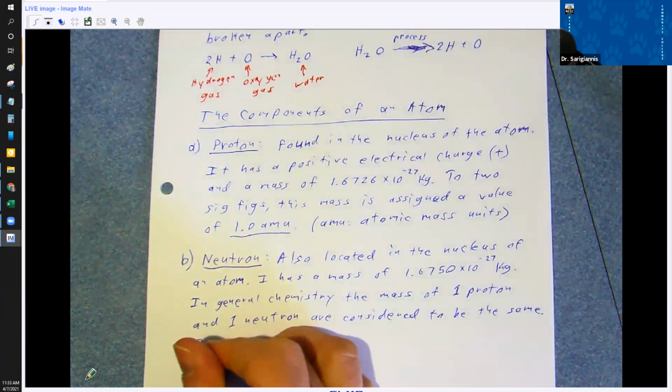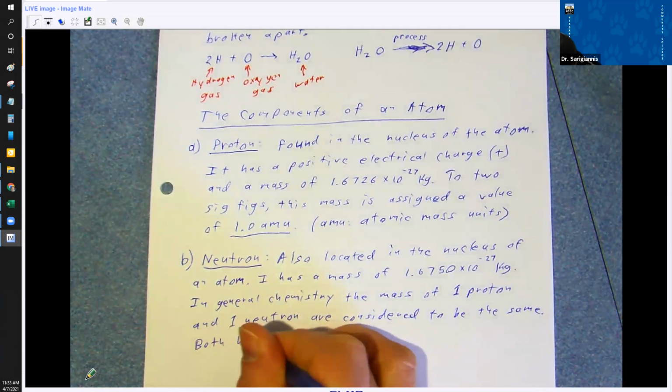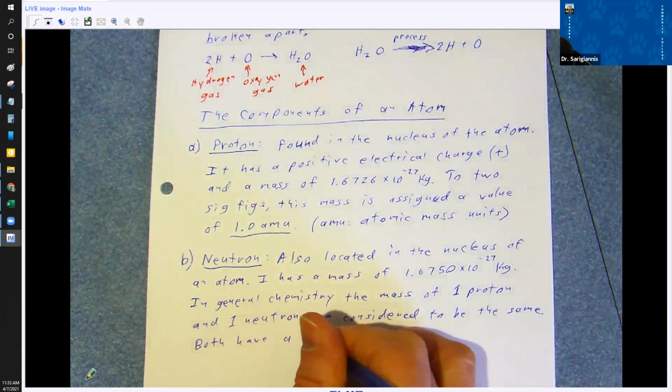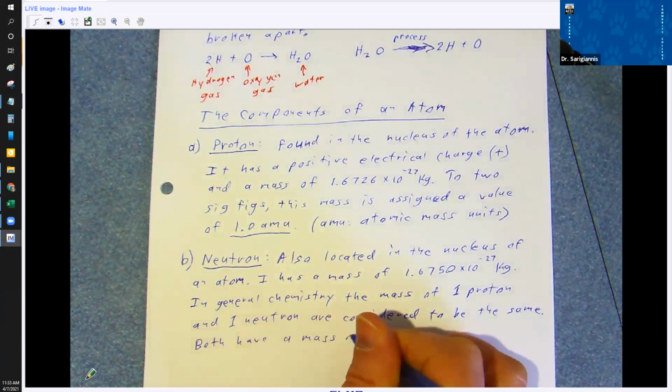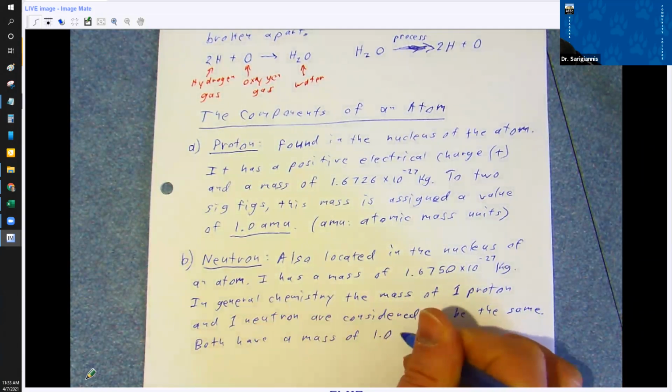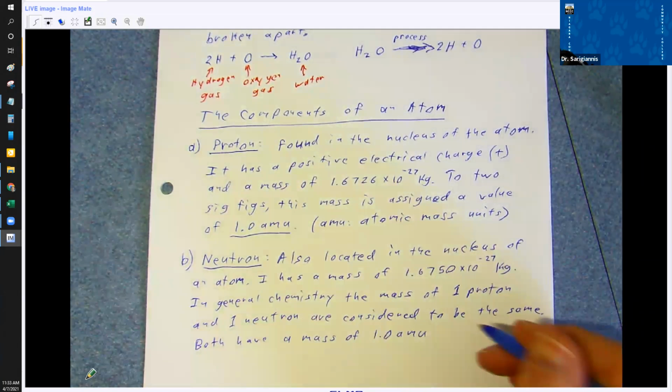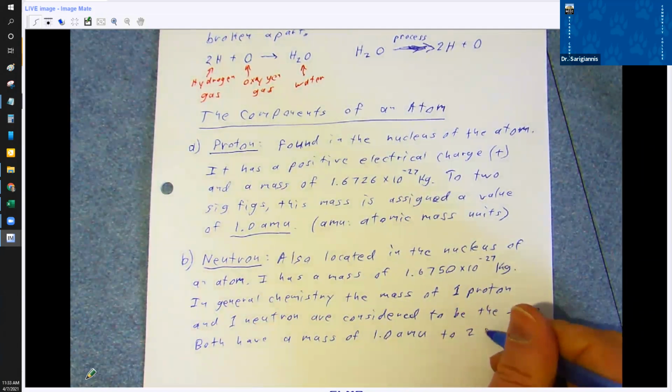So both have a mass of 1.0 AMU. Two sig figs.